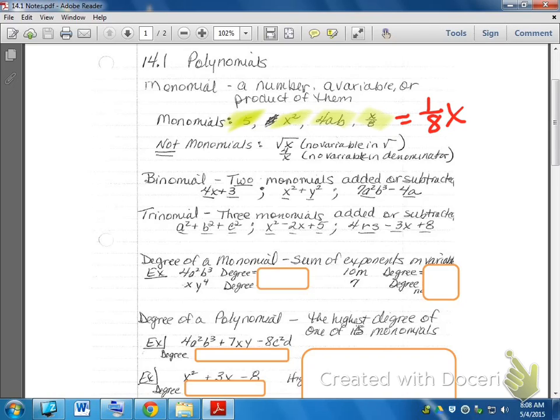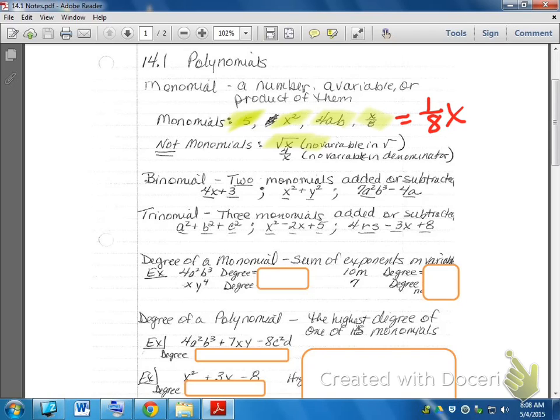Here are the things from way back that would eliminate something from being a monomial. First of all, if you have a variable in a square root sign, that is not allowed. Anytime you see any variable in a square root sign, you can know that it's not a monomial.